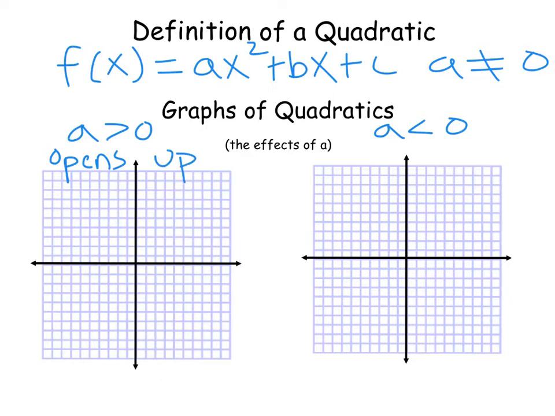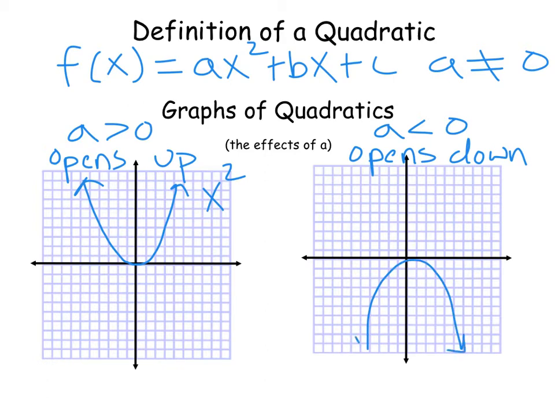If a is positive, you've got a parabola that opens up. For example, if a was 1, like the good old parent function x squared, you would get a parabola that opens up. If you've got a negative a value, which we'll see a lot, you have a parabola that opens down. There's negative 1. Those are just sketches, nothing to scale.